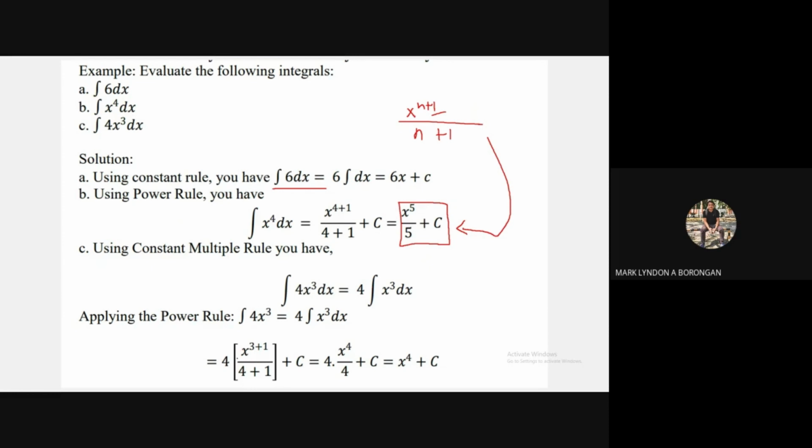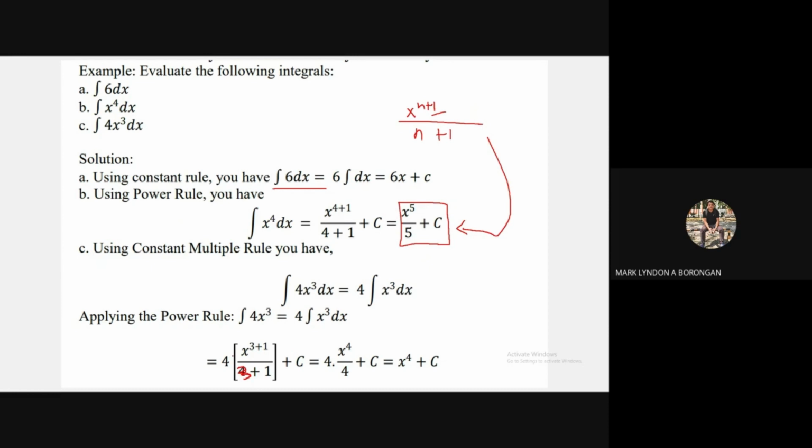Take the 4 out, then apply the power rule, where the exponent is 3. So you have x to the power of 3 plus 1 all over 3 plus 1. The 3 plus 1 becomes 4, and the denominator also becomes 4.